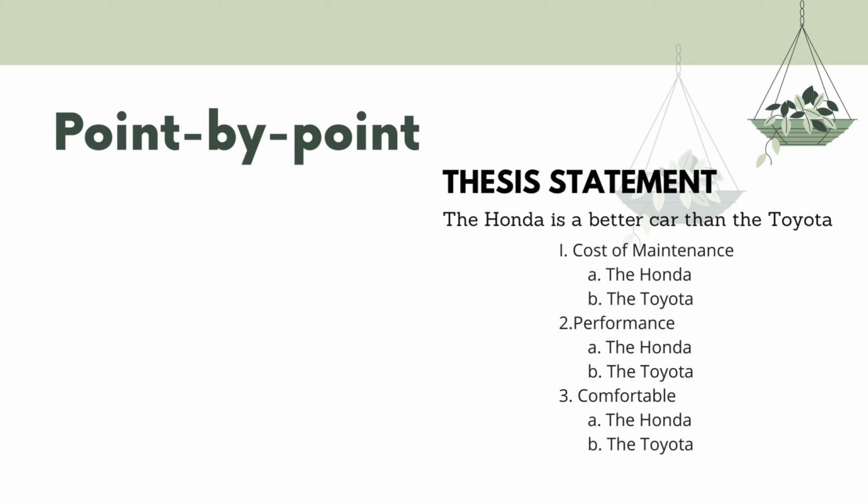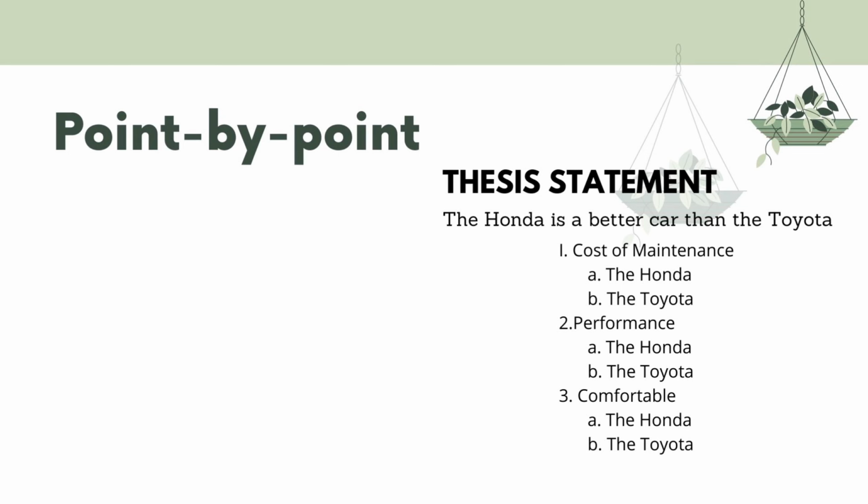And then the third aspect is about comfort. You also need to write about the comfort of Honda, then followed by the comfort of the Toyota car. That's the way you write in point-by-point style.